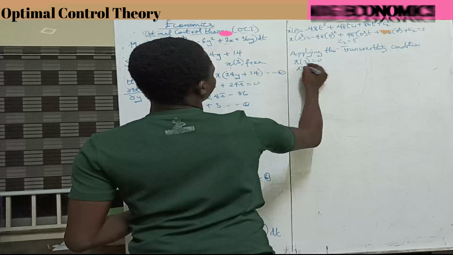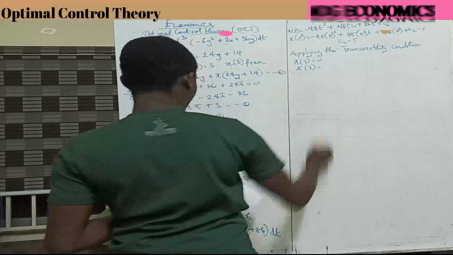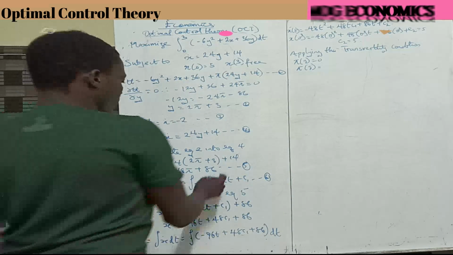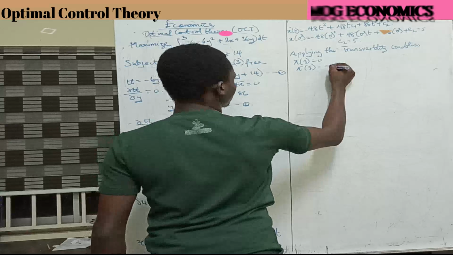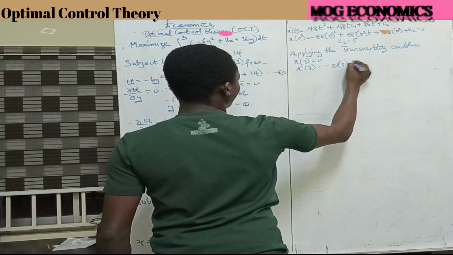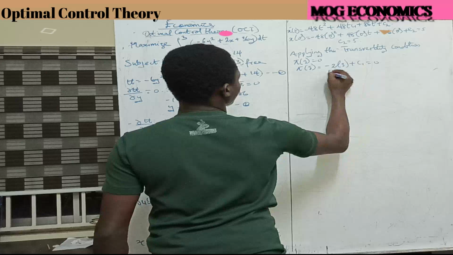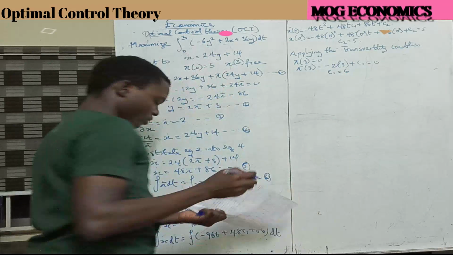So lambda 3 equals minus 2 into bracket 3 plus c1 equals 0. So c1 equals 6.